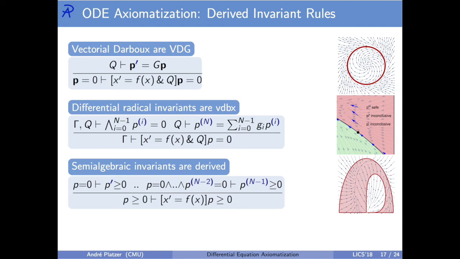Then it's an invariant if, when we're at 0, the first Lie derivative is greater than 0, and if the first is 0, then the second Lie derivative is greater than 0, all the way up to the differential rank, where if all of the previous Lie derivatives are 0, then the next one is greater than 0. That is then enough to imply this, and it also does follow from what I showed.